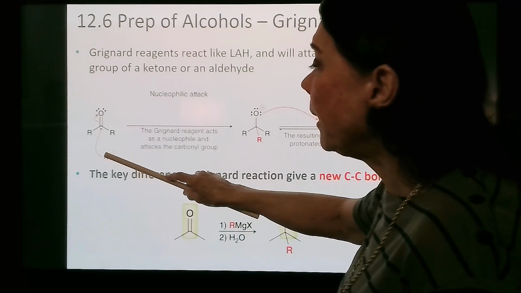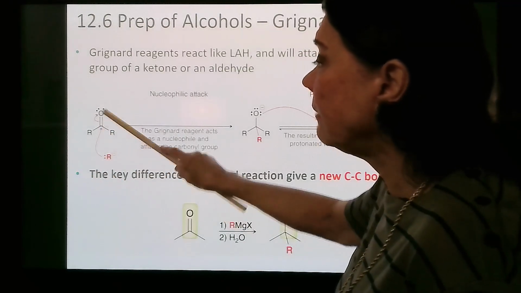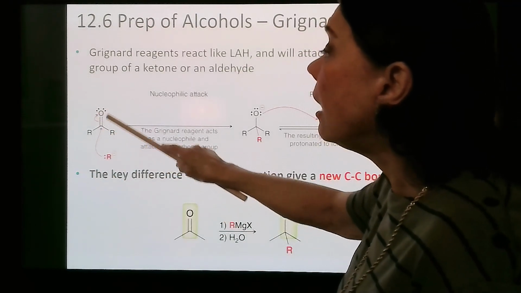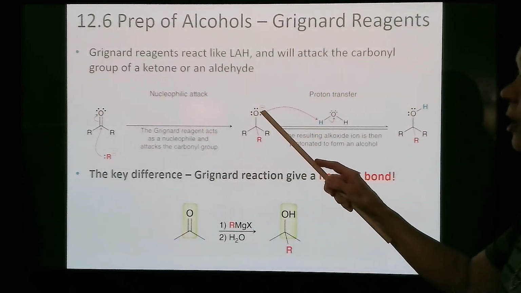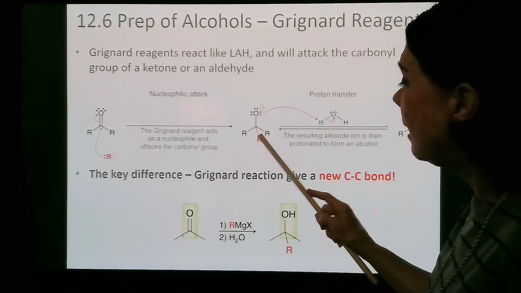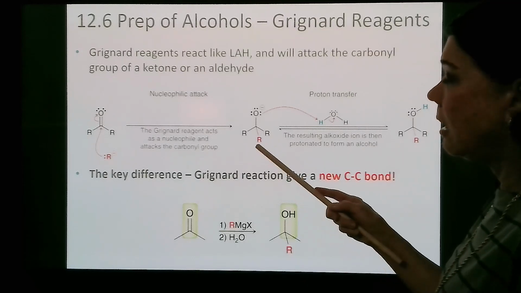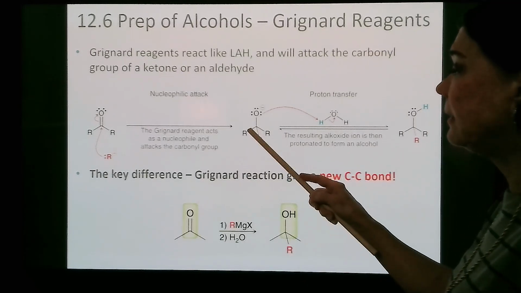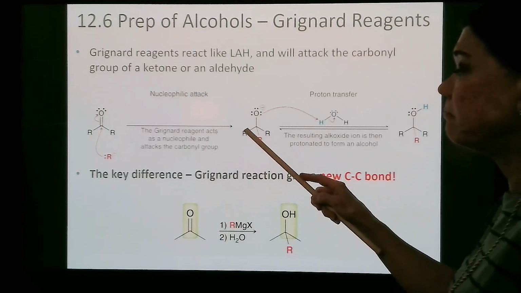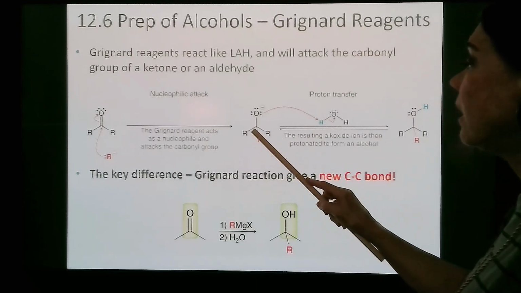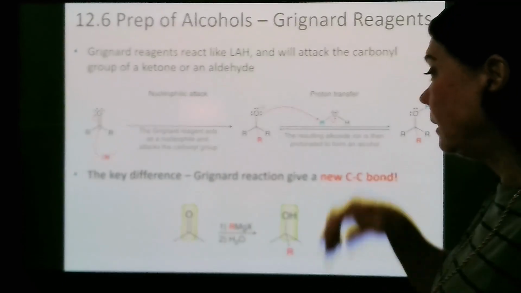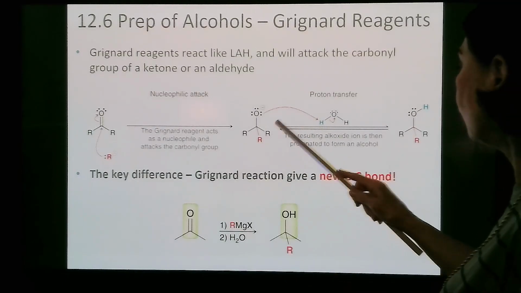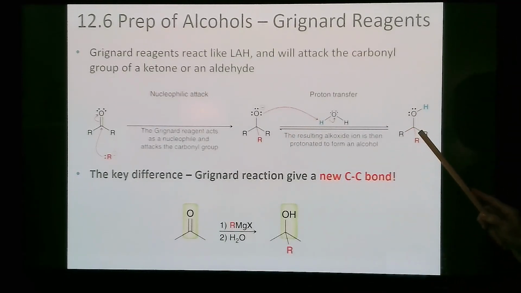So you would use the pair of electrons to attack at the carbon of the carbonyl. The pi electrons move out onto oxygen, giving you the alkoxide. And so here, the R does not have to be the same as these others. These could be like methyl, and this could be phenyl, whatever. So you can add a different alkyl group in this way to get your tri-substituted alcohol.